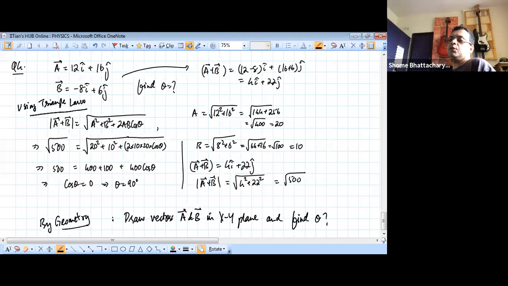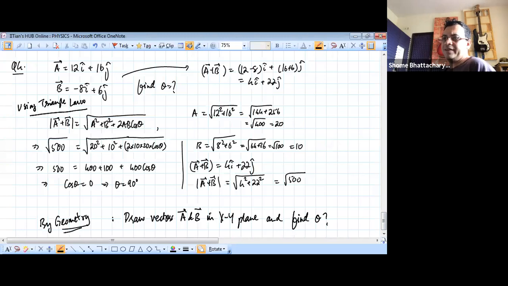The vectors A and B are given to you in I cap, J cap notation. Now draw them in the xy plane. And that's another method by which you can show that they are perpendicular. The angle between them is 90. You're understanding what I'm saying, people? This is not the only method by which you can do. In fact, this is a lengthy method of doing this question. You can also do it by this.